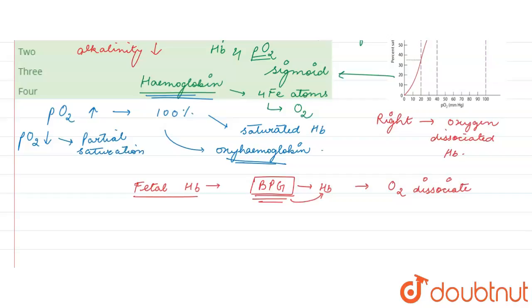But the fetal hemoglobin is slightly different from the adult hemoglobin, and it has less affinity for BPG. So even when BPG is present, it will stay saturated with oxygen molecule. Therefore it will also not shift the curve towards the right. So that is also wrong.